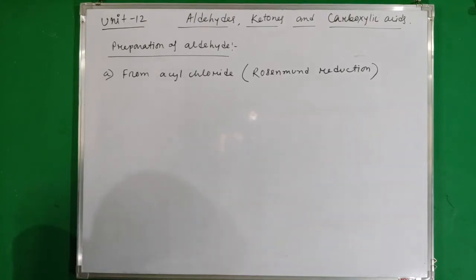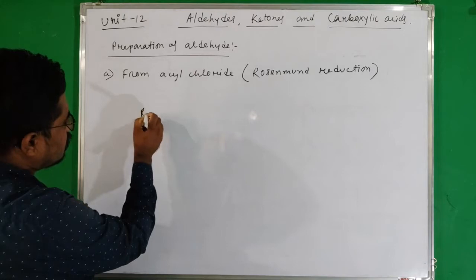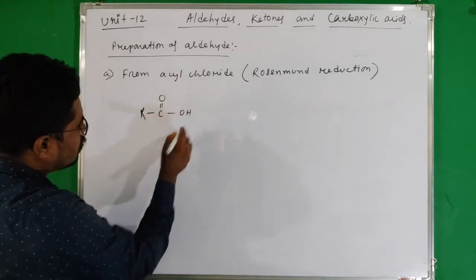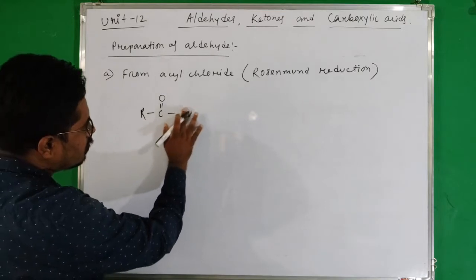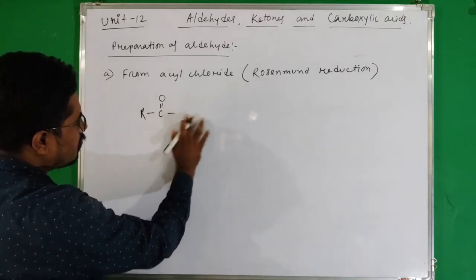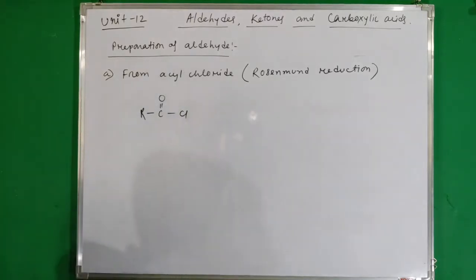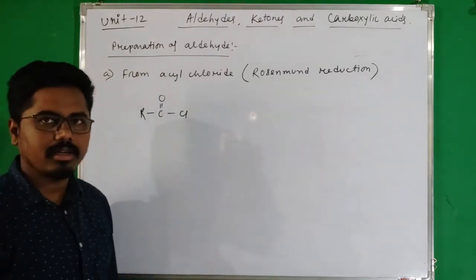During this method acyl chloride is used. This one is acyl chloride, this one is carboxylic acid. When the OH group of carboxylic acid is replaced with chlorine, then the compound formed is known as acyl chloride.